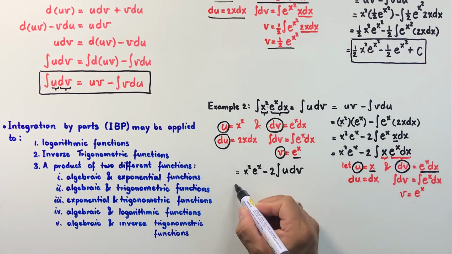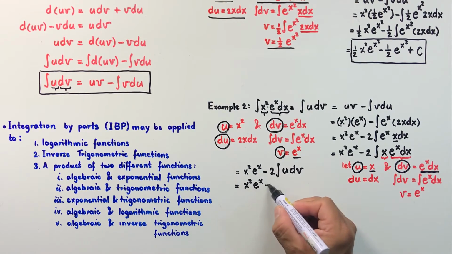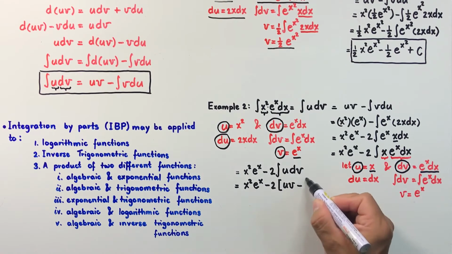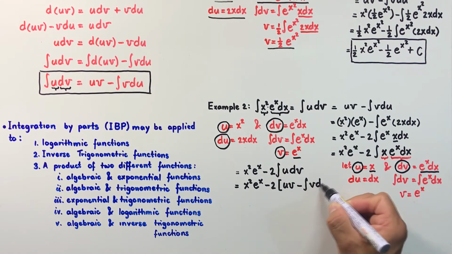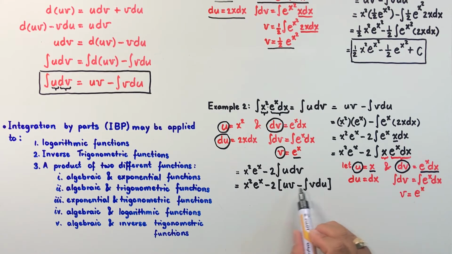And according to the formula, the integral of u dv is just uv minus the integral of v du. Now take note that we need to place the whole thing inside a bracket to indicate that the whole thing will be multiplied by -2.